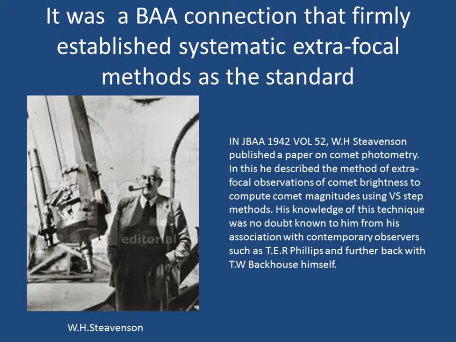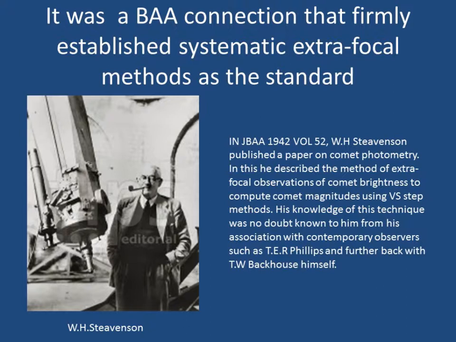In 1942, W.H. Stevenson, a very famous BAA observer, published a paper on comet photometry in the journal, and in this he described the method of extrafocal observations of comet brightness to compute comet magnitudes using the VS step method.